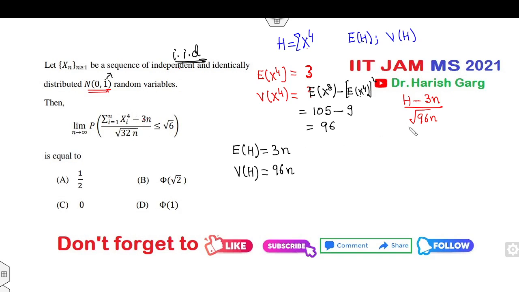Now you can see it's 96, but I have a 32. So I can multiply this number by root 3, and this number by root 3. Then it's 96. So the left hand side becomes z, the right hand side becomes root of 2. How you can write this number is phi of root 2, which is the correct answer.